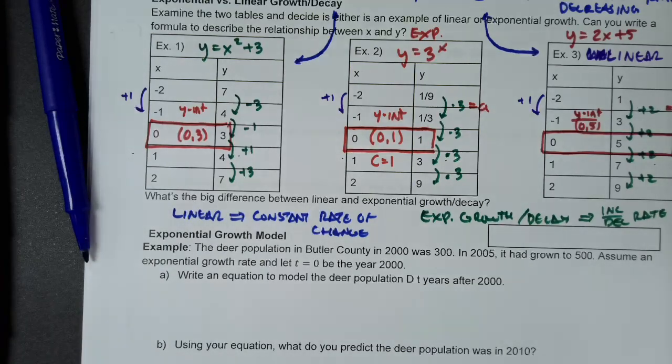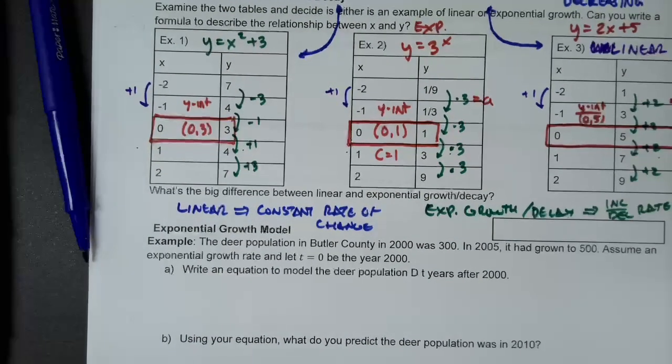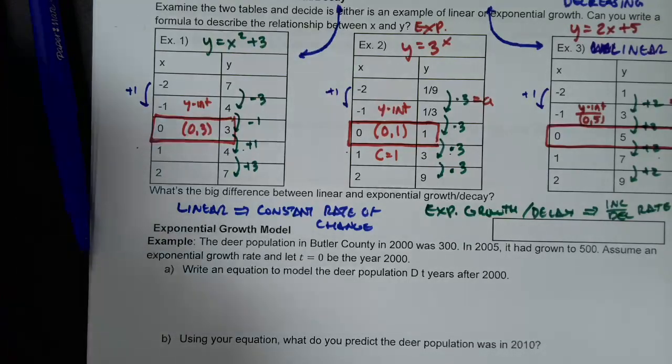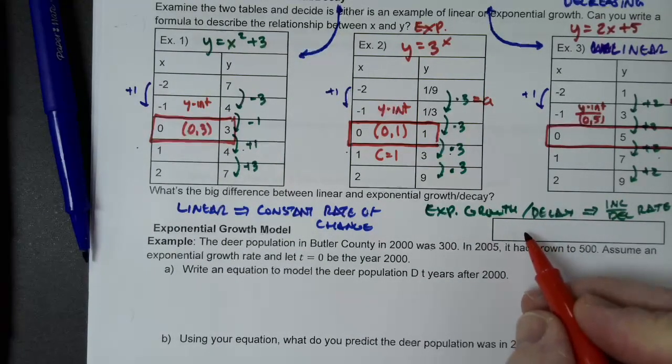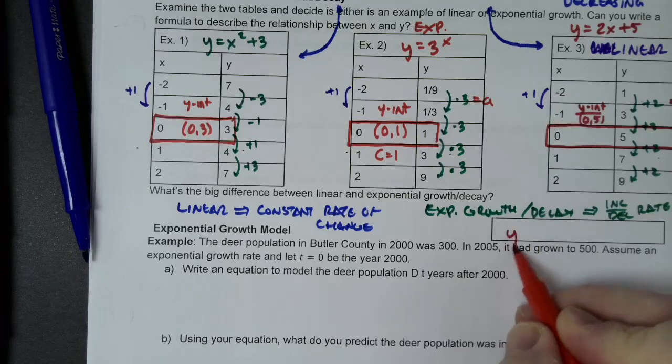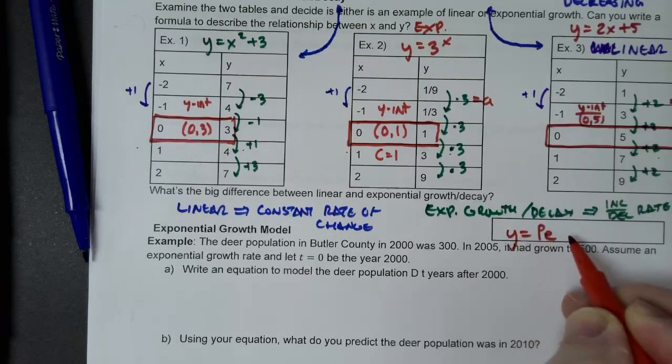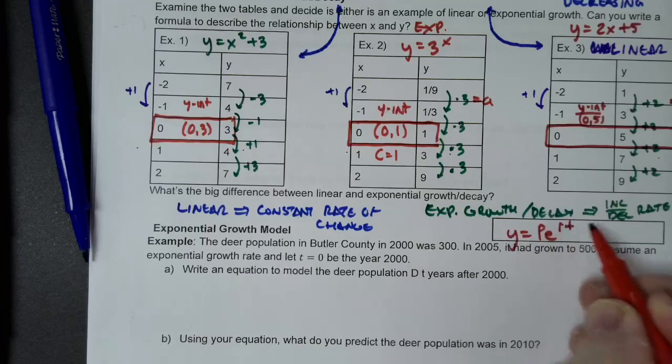And then if you remember back from Algebra 2, you ran into an exponential model that is applied to real life problems, and that was, remember the PERT, y equals p times e to the RT problems.